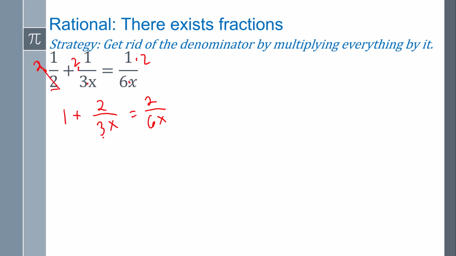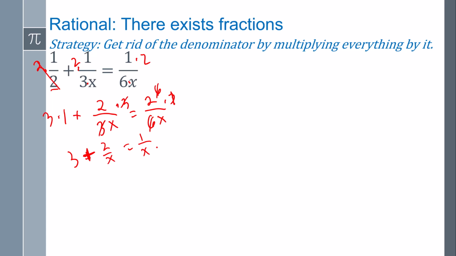Now let's get rid of this 3. So I'm going to multiply everything by 3. So the 3 cancels out. So 3 times 1 is 3. And then I have, should be plus. Now I'm left with 2 over x equals, well, this 3 times 2 is 6. Oh, those 6's can cancel out. So I get 1 over x. I still have an x in the denominator.